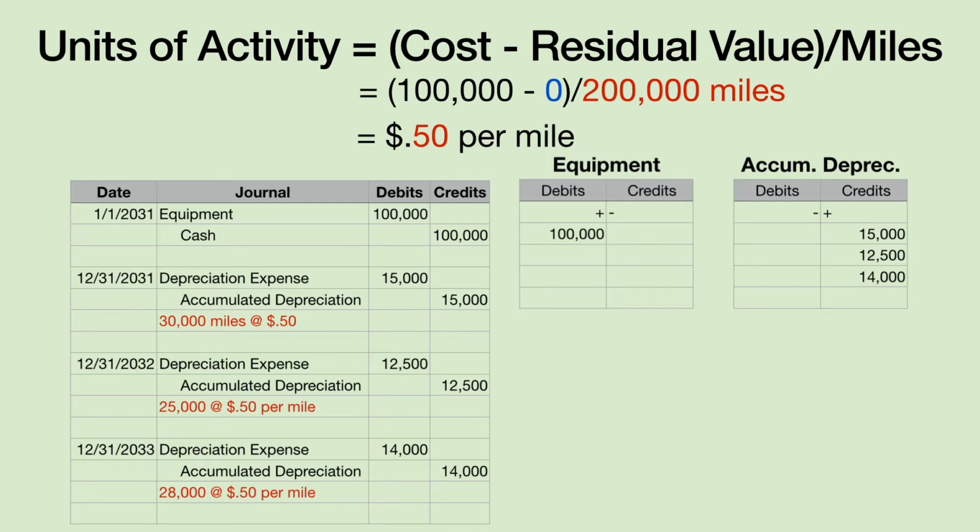And so at the end of the first year, you would go out and read the odometer, and you would see that you drove the truck for 30,000 miles at a rate of 50 cents, and then you would depreciate $15,000. The next year, you would have to go out and read the odometer again, see how many miles you drove, times 50 cents a mile, and that would give you the depreciation in year 2.